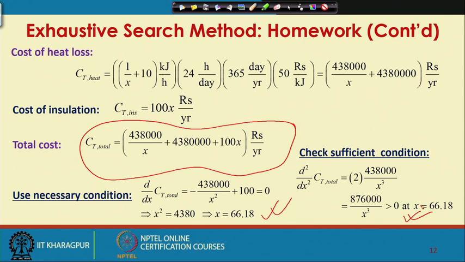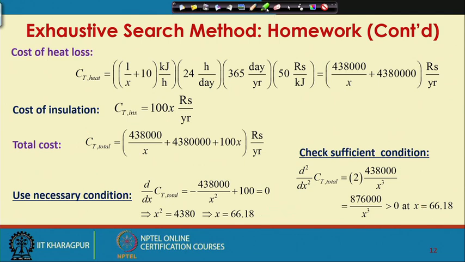So, indeed the total cost is minimum for x equal to 66.18. So, you take this function and find out the minimum of this using exhaustive search. Compare your result with the true optimum x equal to 66.18.